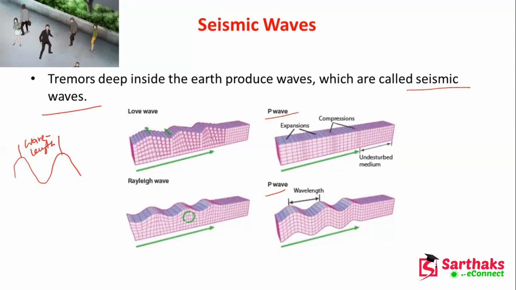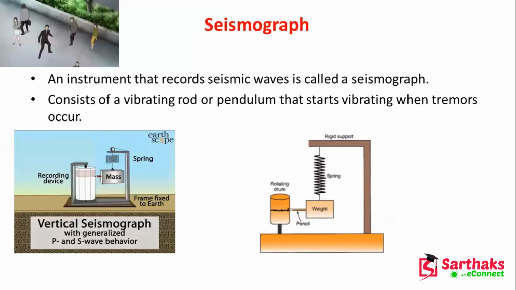And there are some compression and expansion, which we will see later on also. So the undisturbed medium is this much, and here you have some compression, and here you have some expansion. Okay, so that thing we will study elaborately. Now the seismograph.